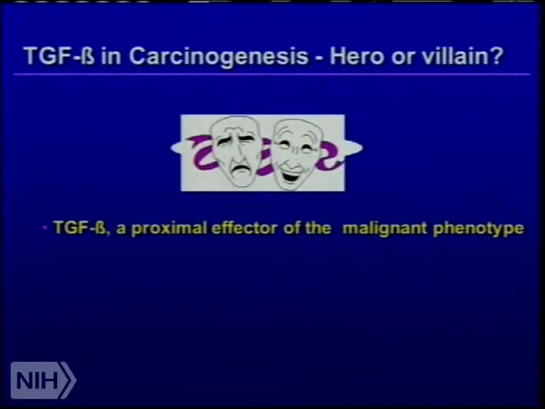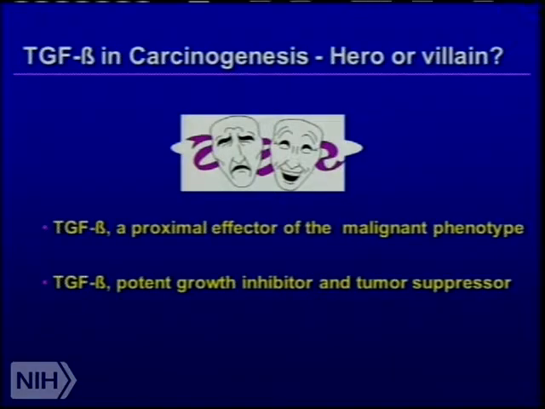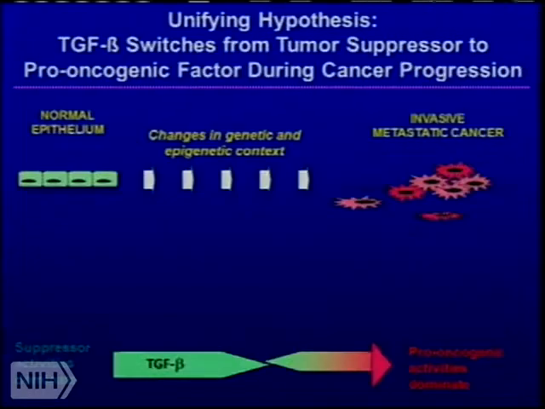So, what is the role of TGF-beta in carcinogenesis? Is it a hero or is it a villain? Well, it turns out it's both. TGF-beta is a proximal effector of the malignant phenotype. It's also a potent growth inhibitor and tumor suppressor under some cases. And it's also a pro-metastatic factor in other cases.